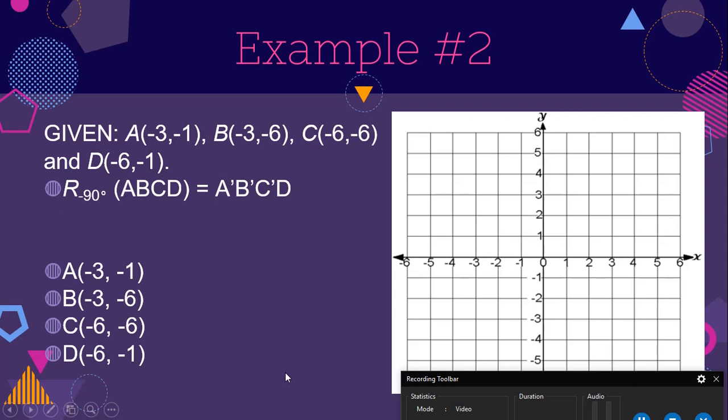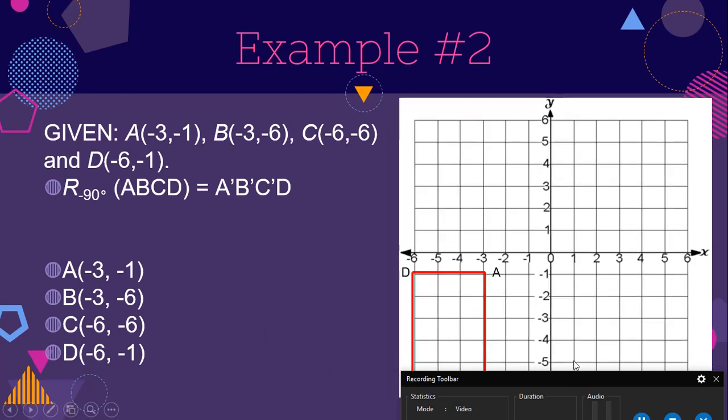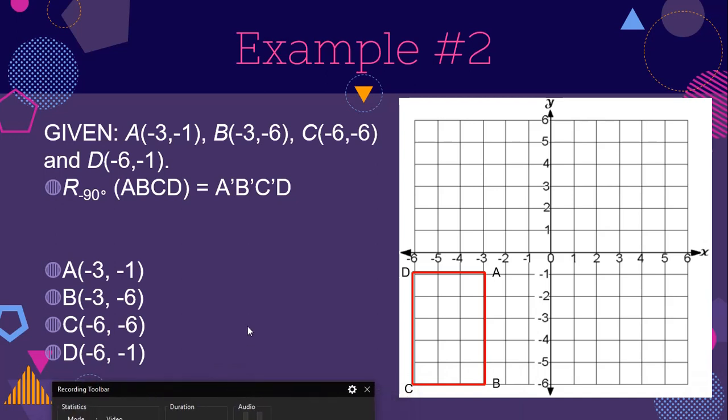So let's try it on example 2. This four-sided figure is the same as the last example. So there's my original rectangle. Now, if I'm turning it in the same direction as the clock, it should end up in quadrant 2. It should go up. So let's apply our rule. What we're doing is sliding Y forward, and then we're negating X and sending it back.